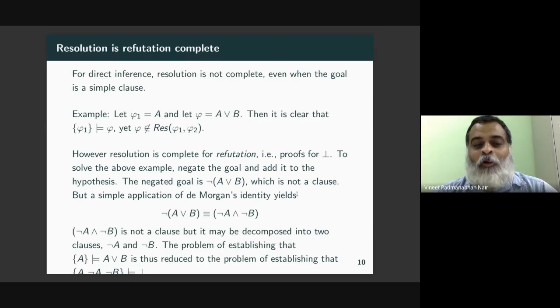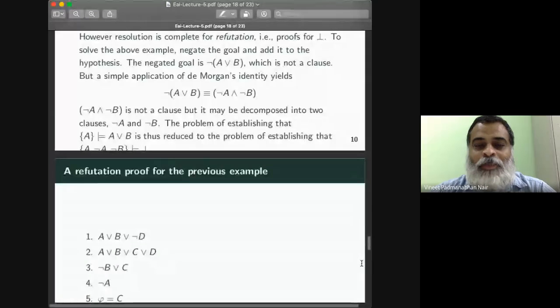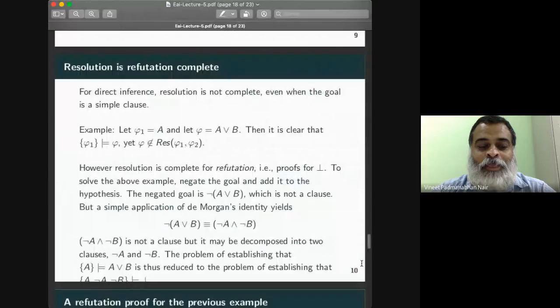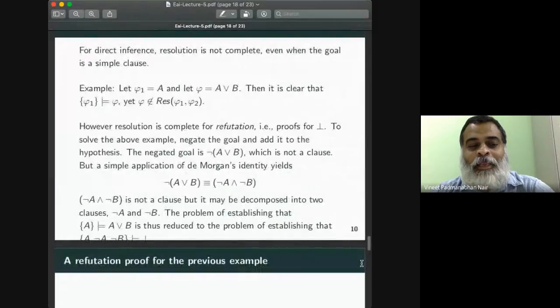A, not A, not B. The problem of establishing that A or B follows from A is thus reduced to the problem of establishing that A, not A, not B will result in falsity. That is the most important part you have to understand.